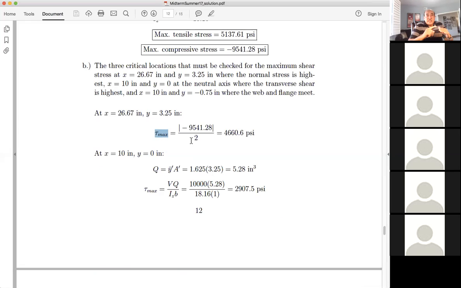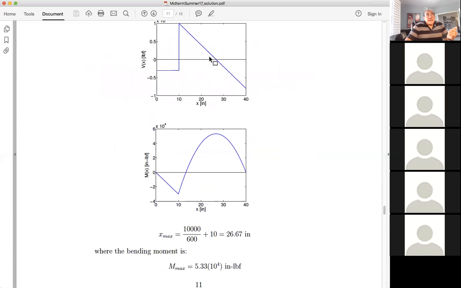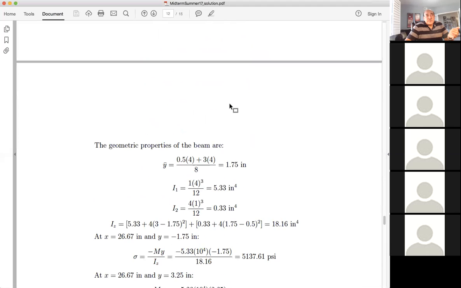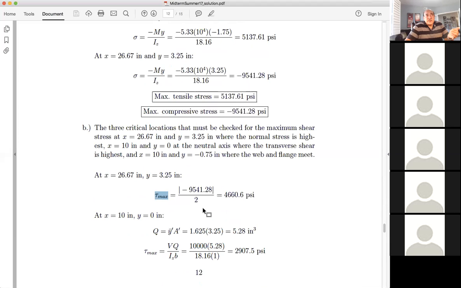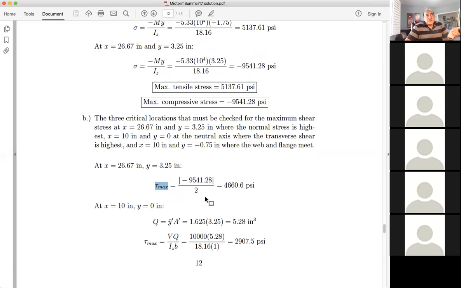Right in the center of the beam, at the centroid, there's no bending stress, but the shear stress is the largest. However, the value of the shear force at that location is 0, so it doesn't matter. Everything is just based on tensile or compressive stress. However, I'm looking for maximum shear. Maximum shear in this case is the radius of the Mohr circle, which is half of the value of the principal stress, which is now the compressive 9541.